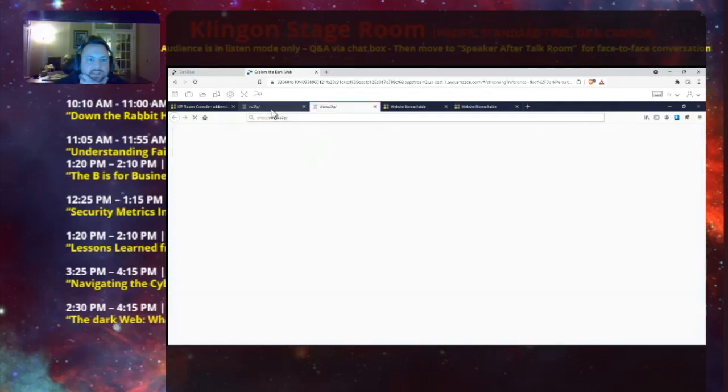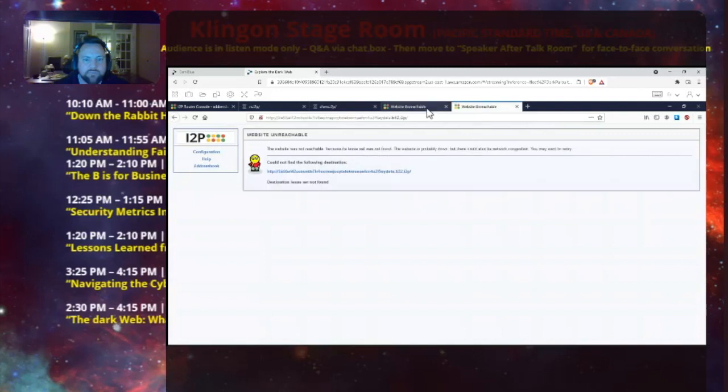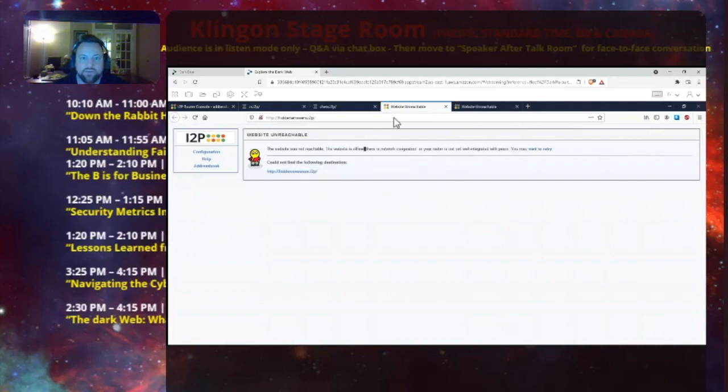It's found these lease sets, but as you can see, it's having difficulty communicating with it. So it could not actually reach the destination. At least I get some decent messages when a website's unreachable, saying the website was not reachable, it's offline, there's congestion, or my router's not well integrated with peers, I may want to retry.